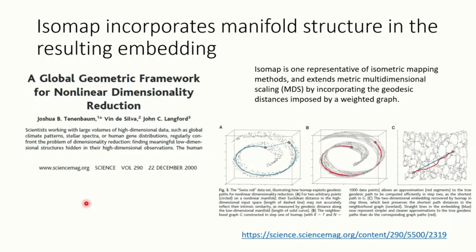Just as I described, you cannot rely on the Euclidean distance to do the PCA, to do the dimensionality reduction. You have to consider what they call Isomap. So this should be called geodesic.